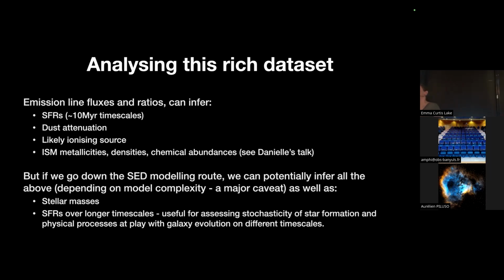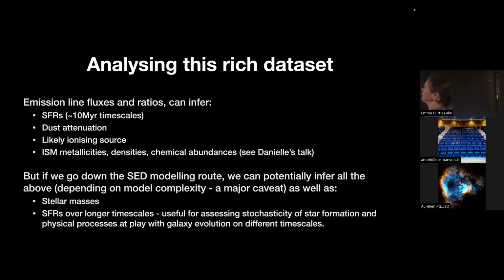When you're taking them from emission lines, they tend to be on a time scale of about 10 million years, and that's because that's about the lifetime of the cloud that's being irradiated by the young stars and producing the nebular emission. You can infer dust attenuation, maybe even the likely ionizing source. You've got metallicities, densities, chemical abundances. There's a whole wealth of things you can learn from the emission line flux ratios. I'm going to say see Danielle's talk because I'm not going to describe that here.